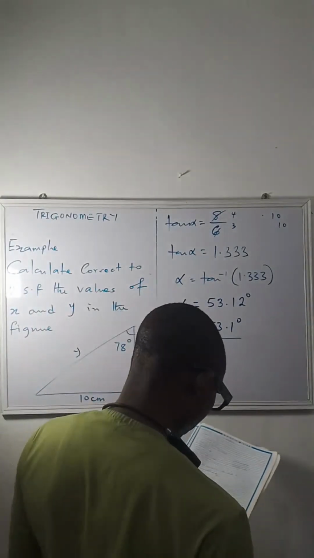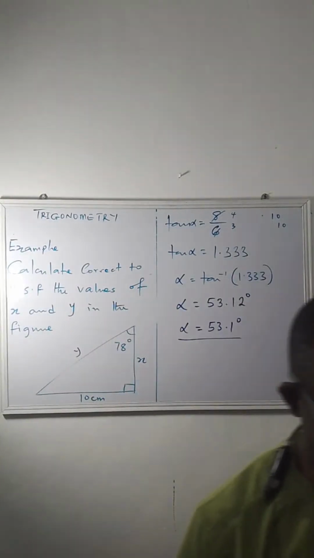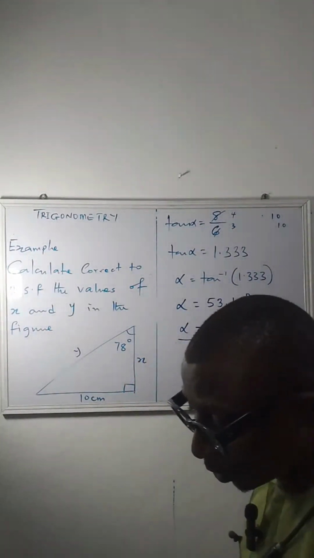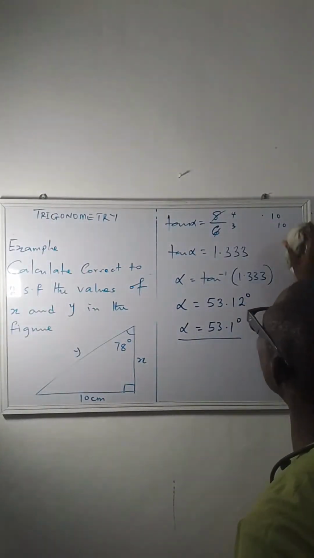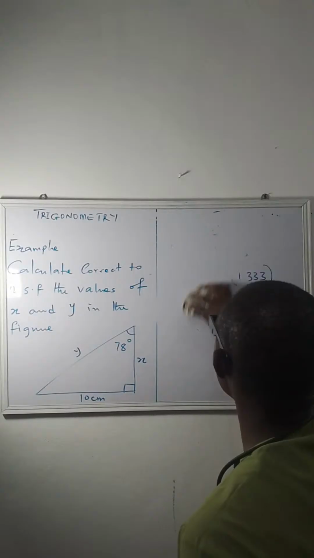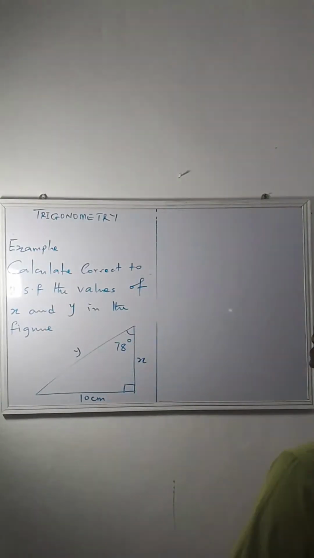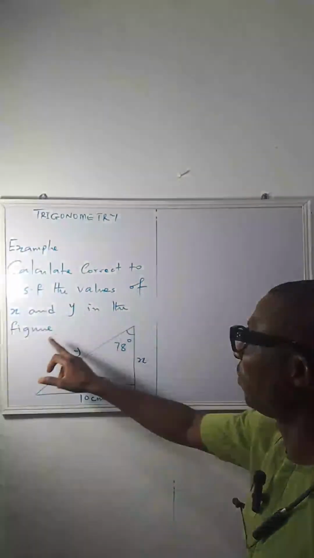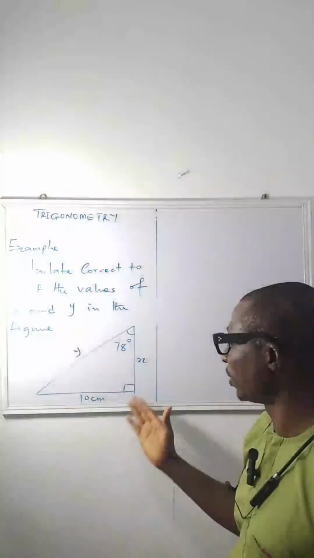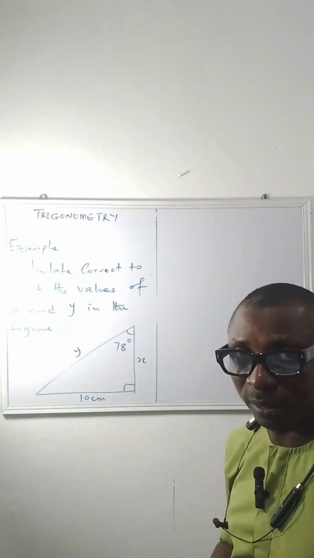Now, can we try this? Let's see what we have as an answer. I'm supposed to do it, but I just want you to try it. Let me give you 2 minutes and let's see what you can come up with. Calculate correct to 2SF the values of x and y in the figure. Right here, you have to get your x and your y. Just follow the example we did the other time.